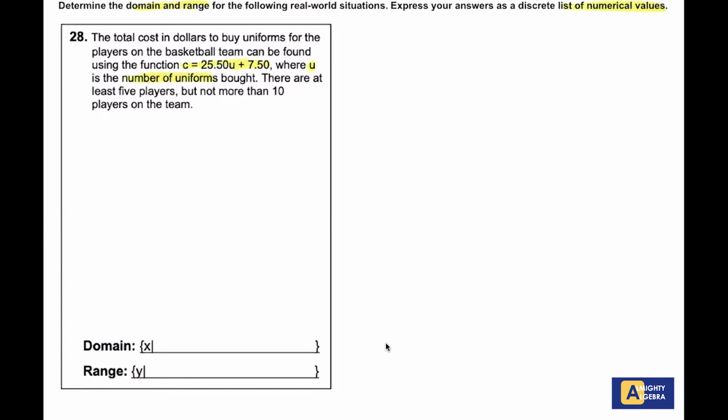There are at least 5 players, but not more than 10 players on the team. That's all we're given. When you're given a word problem like this, the best strategy is to make a function table. The function table for this question is going to look something like this.